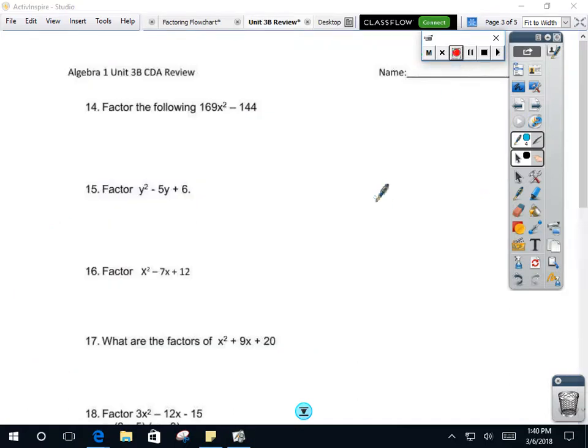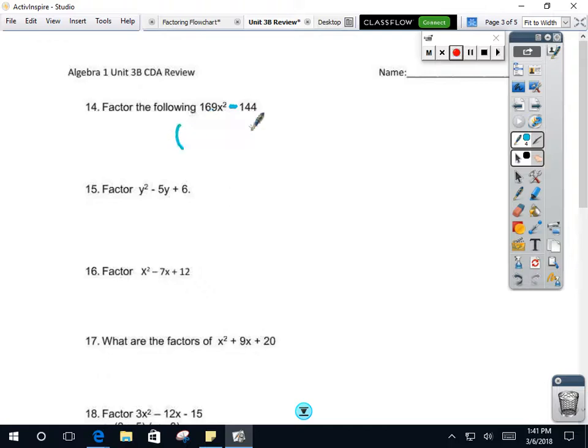Okay, number 14. Factor the following. 169x squared minus 144. Is this a binomial or a trinomial? Binomials. So I look at my flow chart and I go to the side that says factoring binomials. The first question that it asks, is it a difference of 2 squares? It is. It's definitely a difference because they're subtracting, and each of these terms are perfect squares.